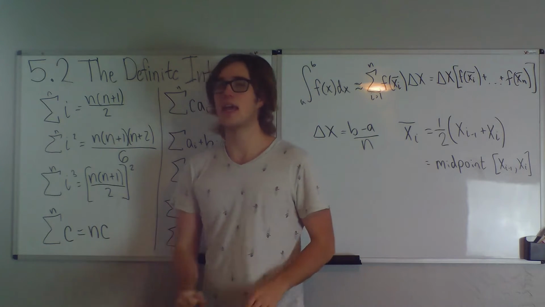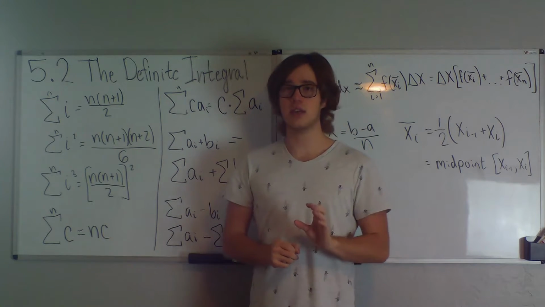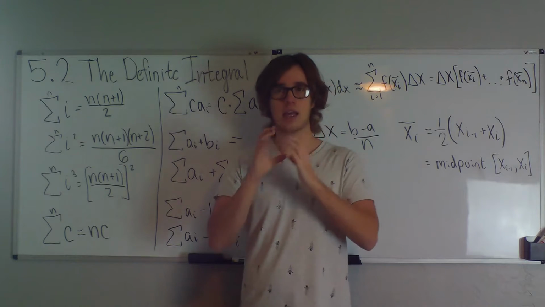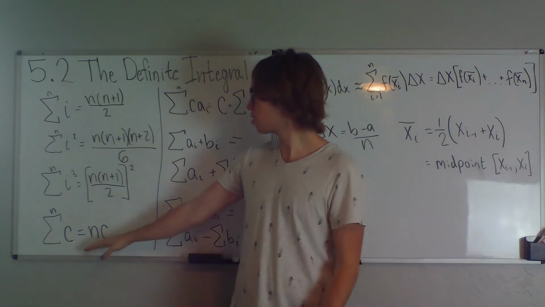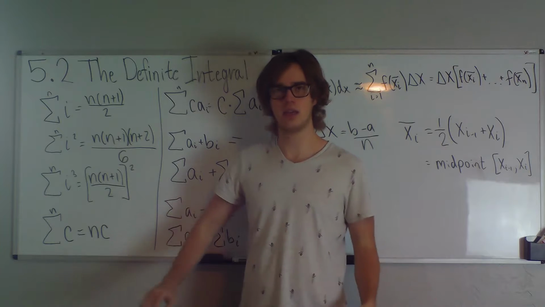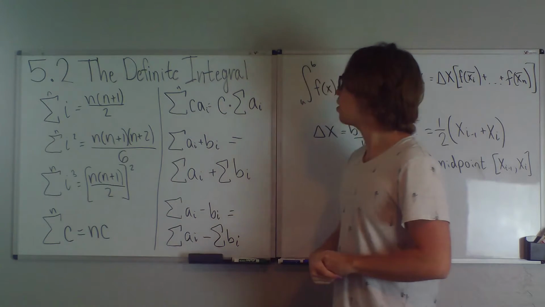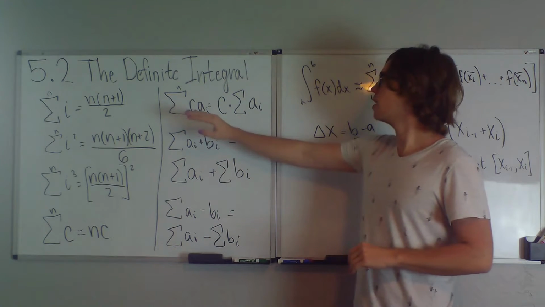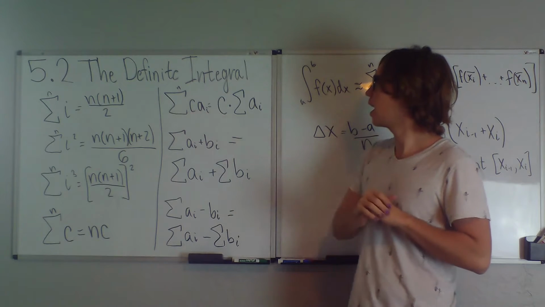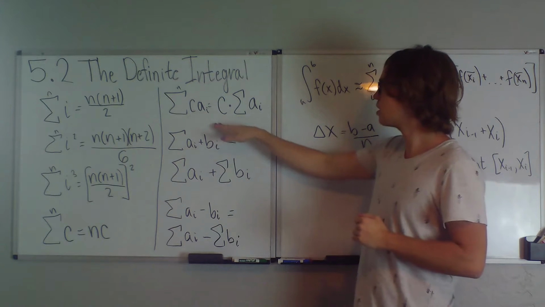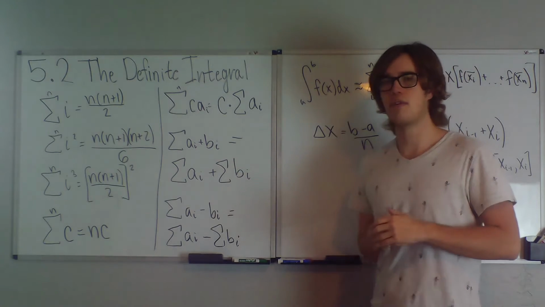Next, what do we have? The sum from 1 to n of c. And what is it saying? Well, it's just saying count up c n many times. Well, that's just going to be equal to n times c. Okay, now we have the sum from 1 to n of c times a i. Well, that's just equal to c times the sum of a i.